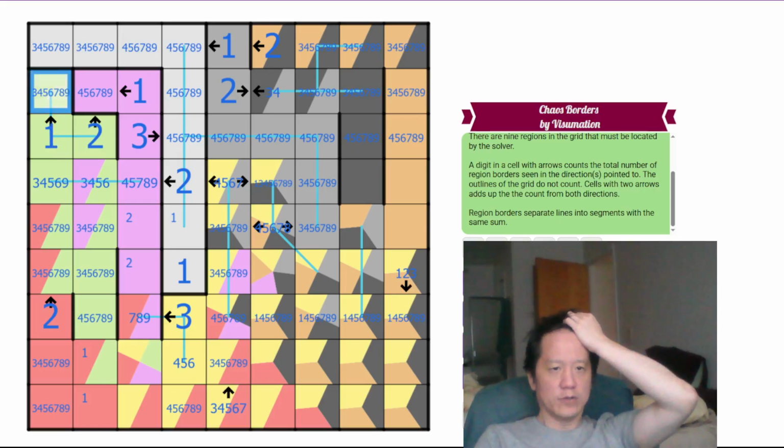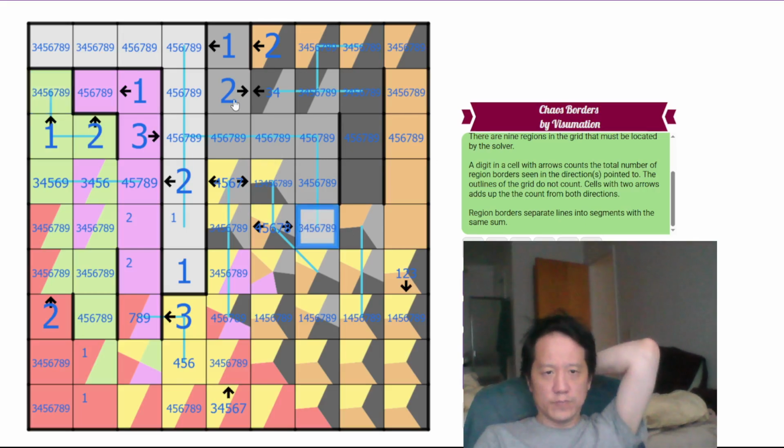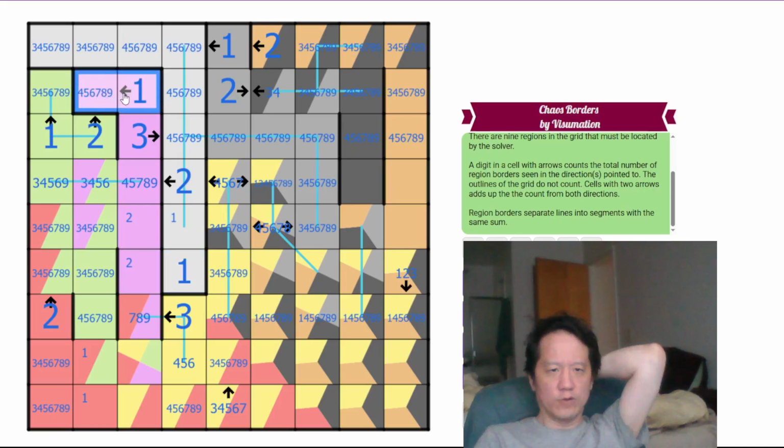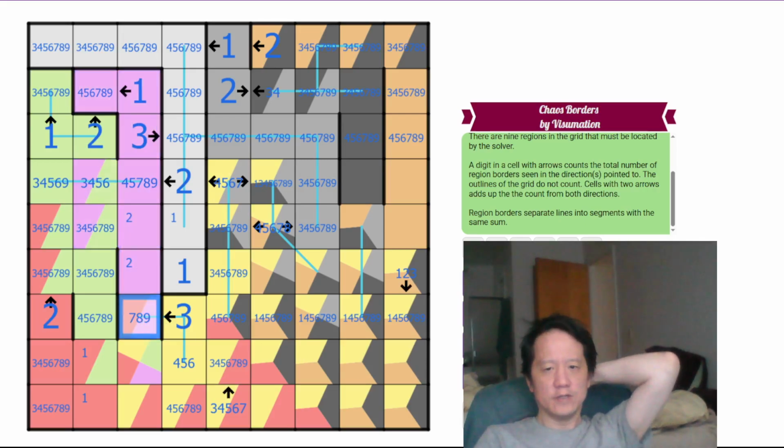This could no longer be light. This would be green. These could no longer be pink. Right, so this would have to be pink. At least one of these two would be pink.